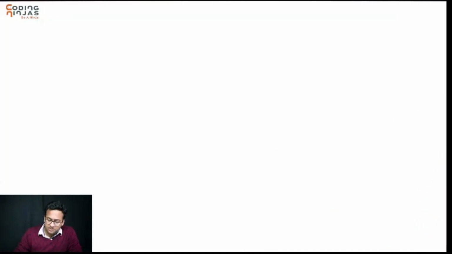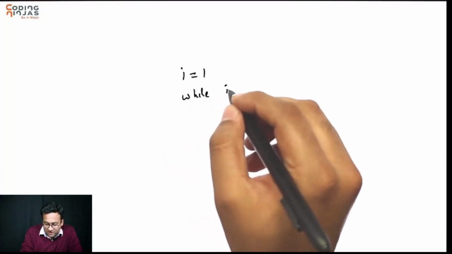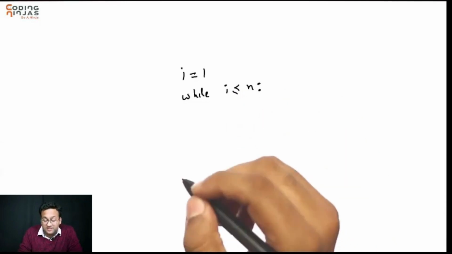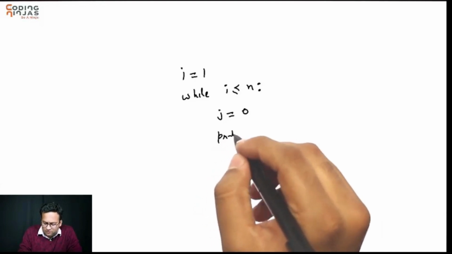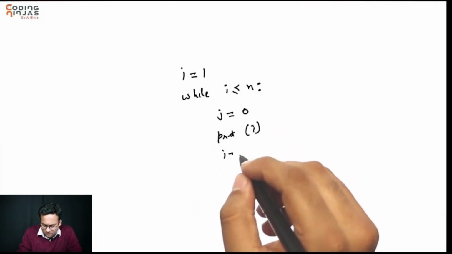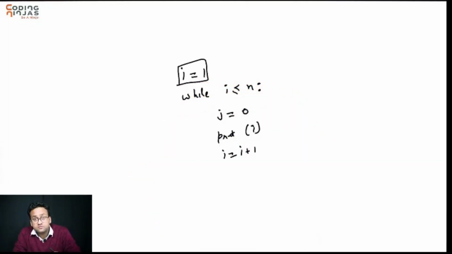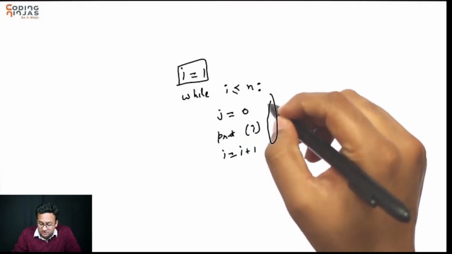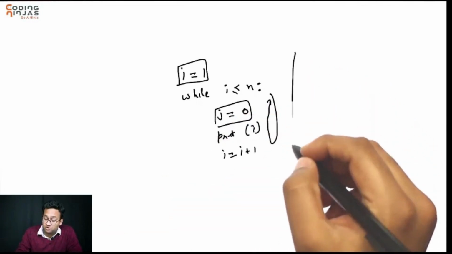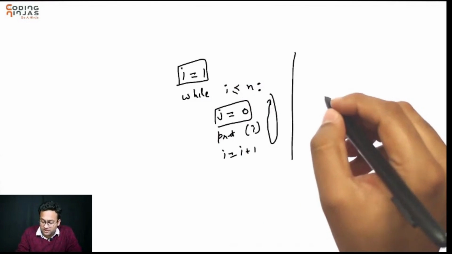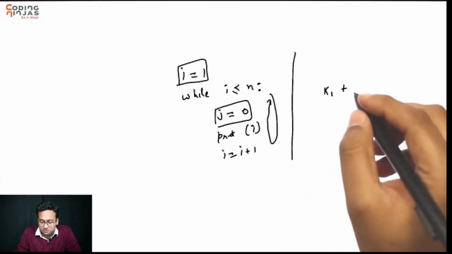Okay, now let me change this a little and we'll come to the first thing that you need to take care of while you are finding space complexity. Let's say I create j is equal to 0 here, for whatever reason. Now what is happening is you created i is equal to 1. Every time this loop is running, you are creating j is equal to 0. So in a way, the amount of memory that you are using is some constant k1 plus n times k2.